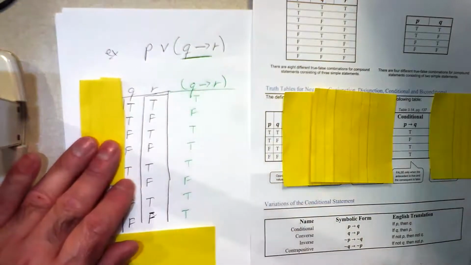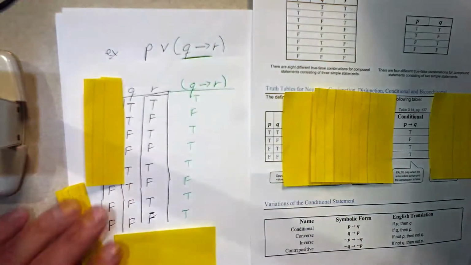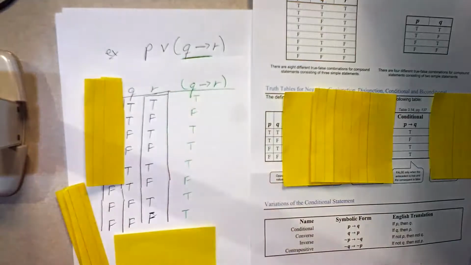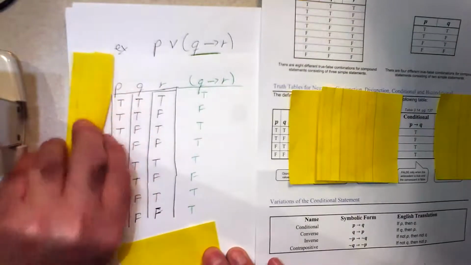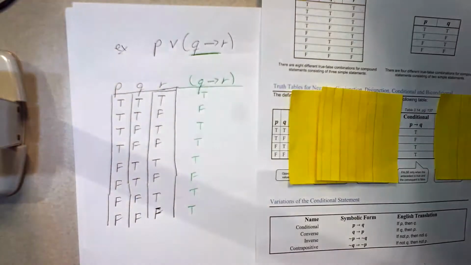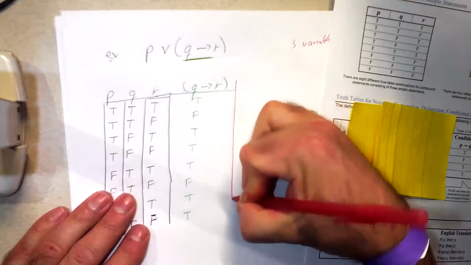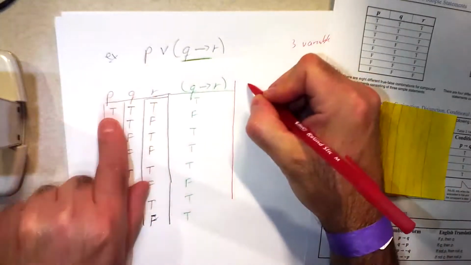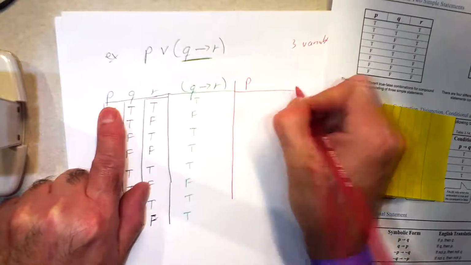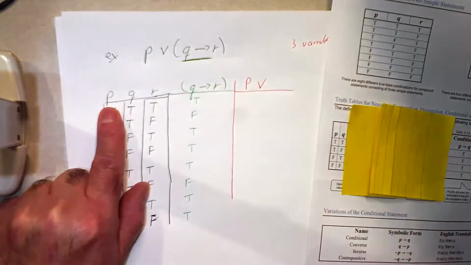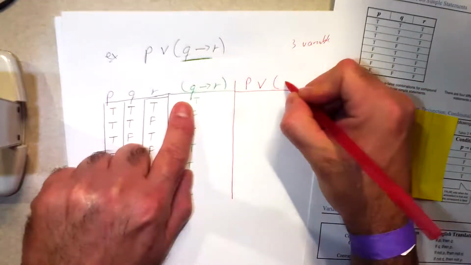Now I want to do the connective that's in front of it along with its P partner, right? So that's the next thing I have to do, the last column. I'm going to get this P, that column right there, and I'm going to apply the connector, which is the OR, the disjunction, with the green.